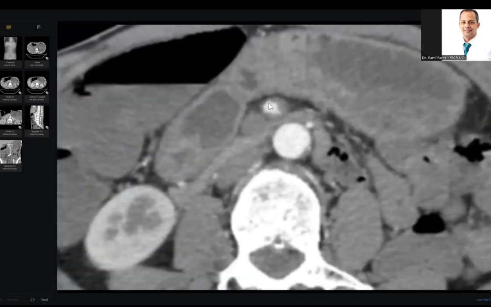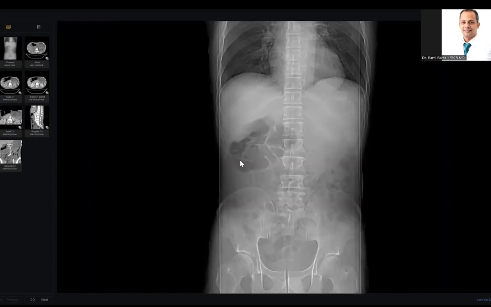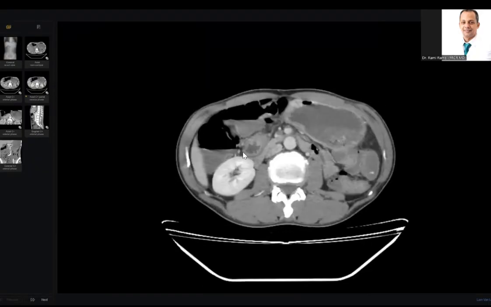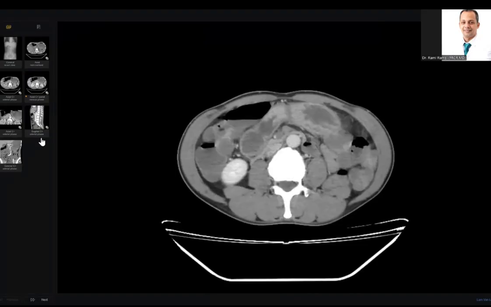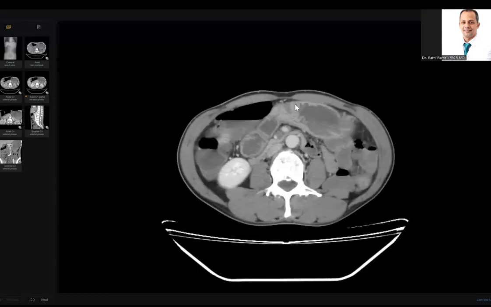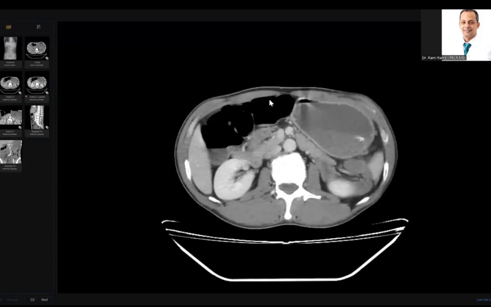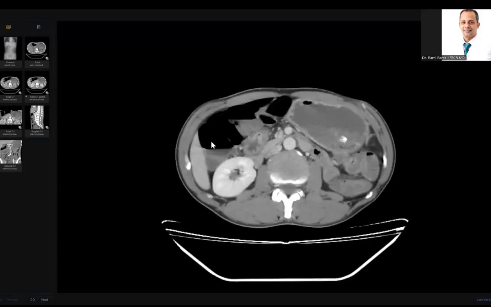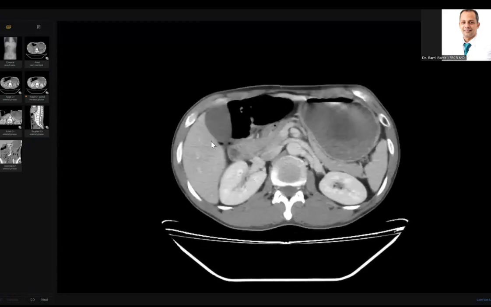See, it's very clear. Okay, the scout was very tricky. It looks like an internal hernia, by the way. You are searching for an internal hernia, but there is no internal hernia. This is, I think, maybe the pylorus here, because this is the pyloric canal, and this is the duodenum, and this is the dilated part of the colon, but the rest of the colon is normal.